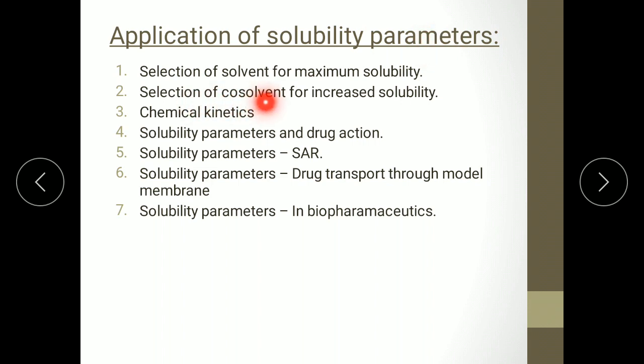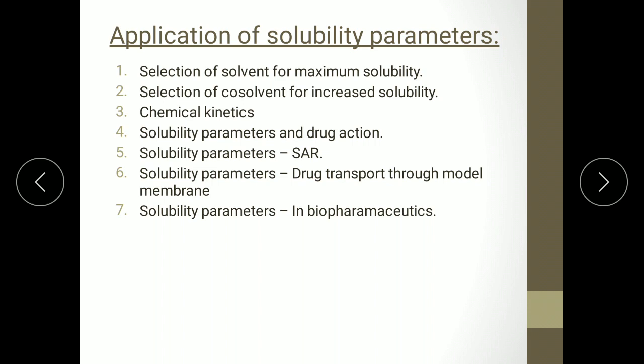Next one is selection of co-solvent for increased solubility. Co-solvents are a blend of solvents to increase the solubility of non-polar substances. Solvents are arranged on the basis of polarity.